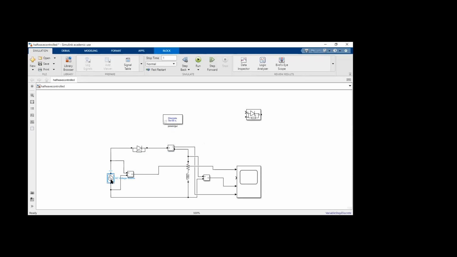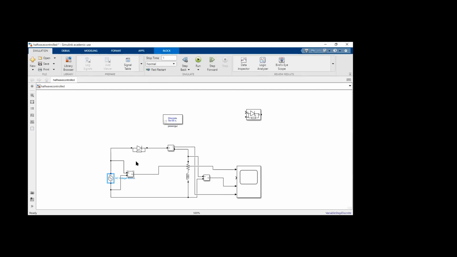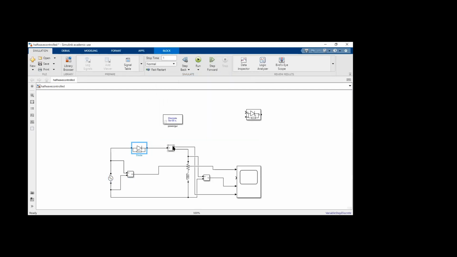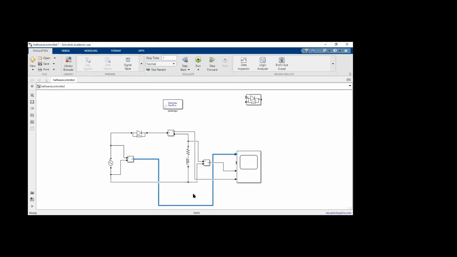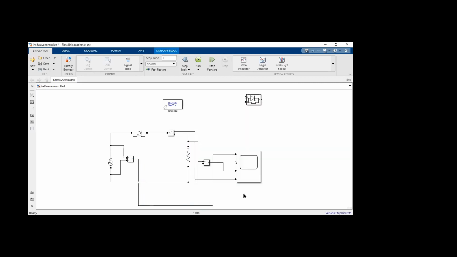There is an input voltage source of 230 volts, and this is the RMS value we have considered. Then there is a diode, and there is a current measurement block. This one you take from down. Then take the R load first. This is a half wave uncontrolled rectifier.